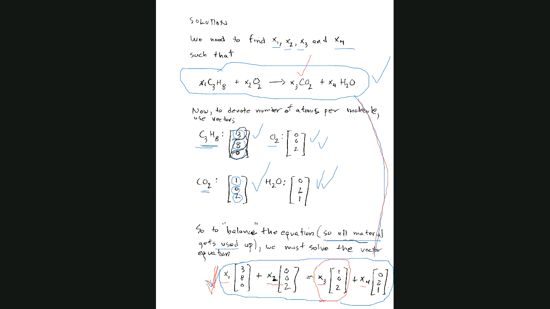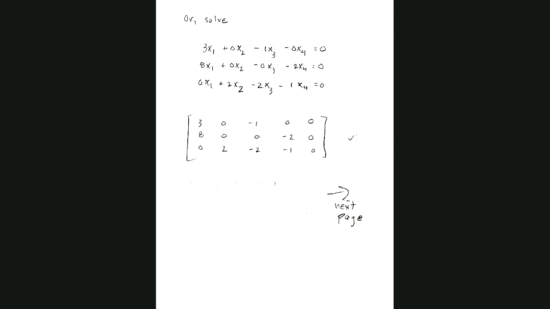And the x4 times the 0, 2, 1 vector, I can also bring that over to the left side. I can subtract it from the right side and the left side. So what we would get then is this system of equations.